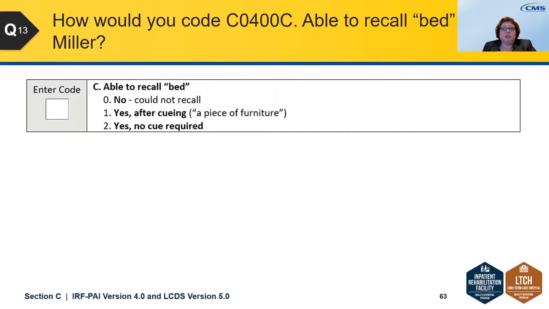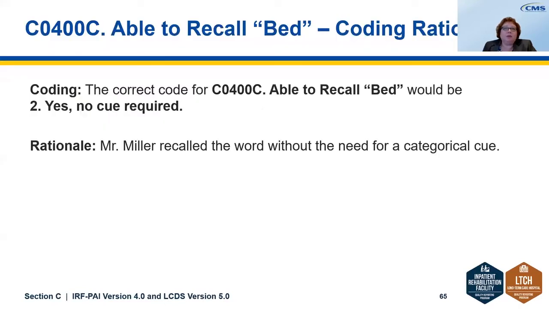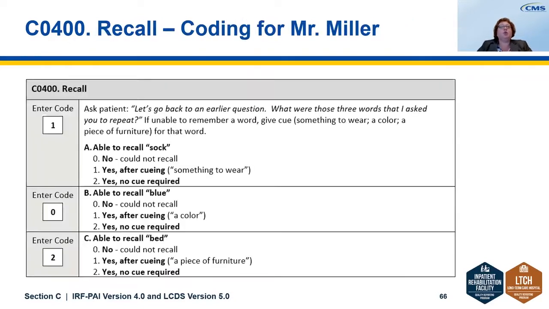Most of you said yes, no cue required. And the correct answer is indeed yes, no cue required. Mr. Miller recalled the word bed without the need for a categorical cue, so we would give him full credit for that. So here's what the coding for C0400 recall would look like for Mr. Miller.